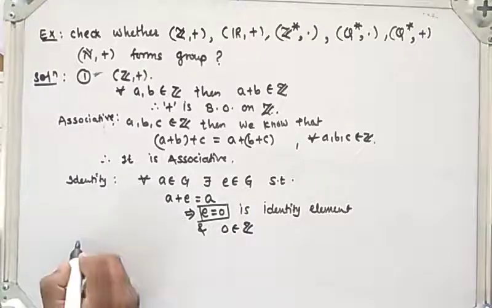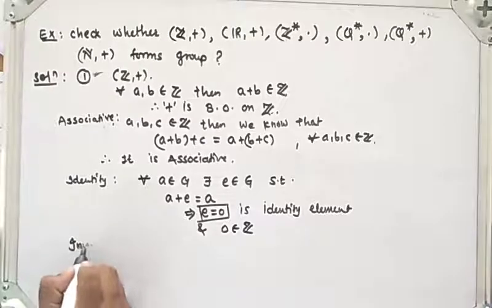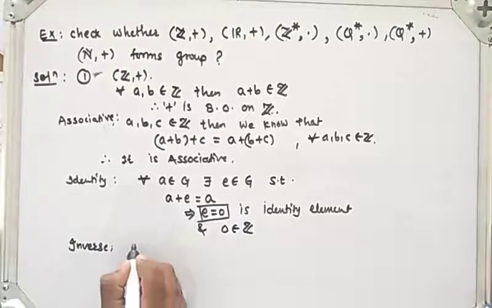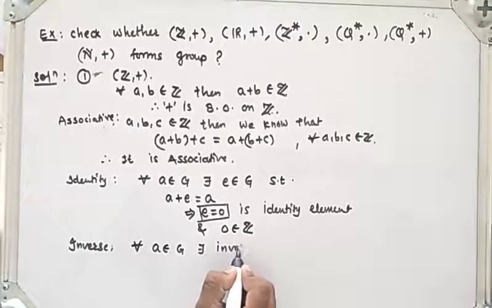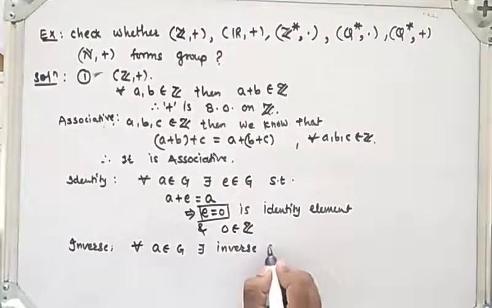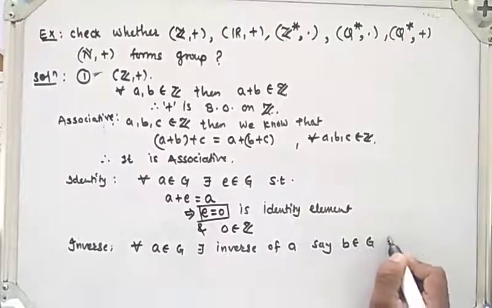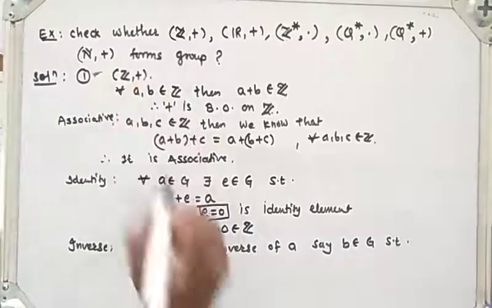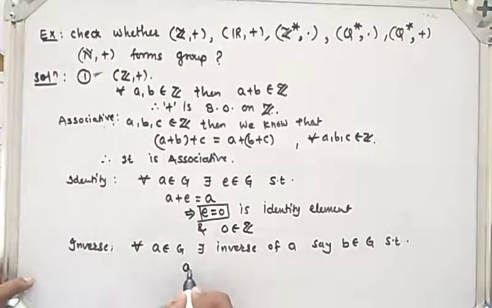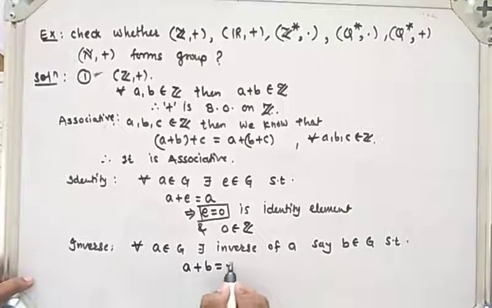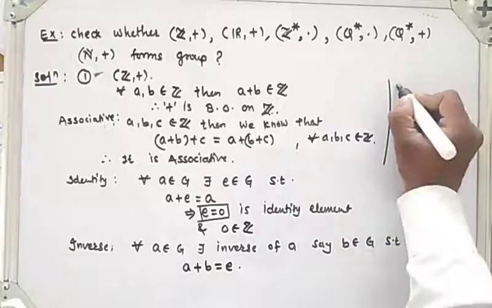Now for inverse, what is the definition? For all a belonging to G, there exists an inverse of a, say b, again belonging to G, such that, here the operation is addition, a plus b is equal to identity.